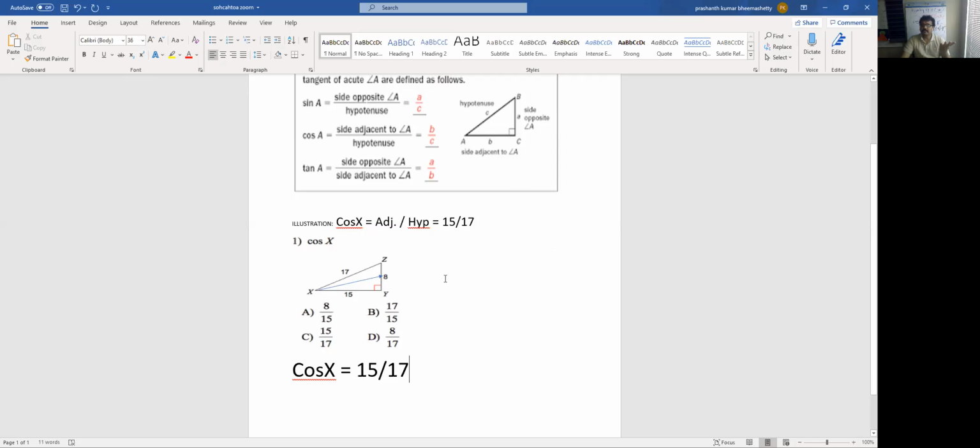This is how you find your trigonometric ratios, cosine of x. Similarly, you can find sine of angle x, tan of angle x, or you can find sine of angle z, cos of angle z, tan of angle z, and so on, right?